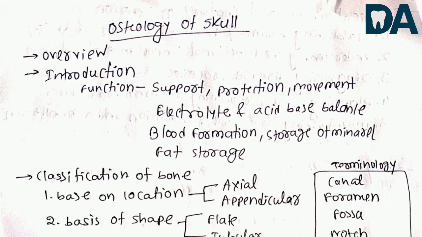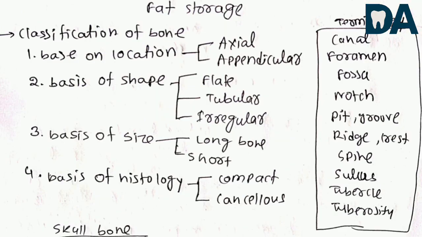Minerals such as calcium and phosphorus, which perform vital physiological functions in the body, are stored in bone. Fat storage. The yellow bone marrow in some bones is one of the sites of fat storage. Classifications of bone.